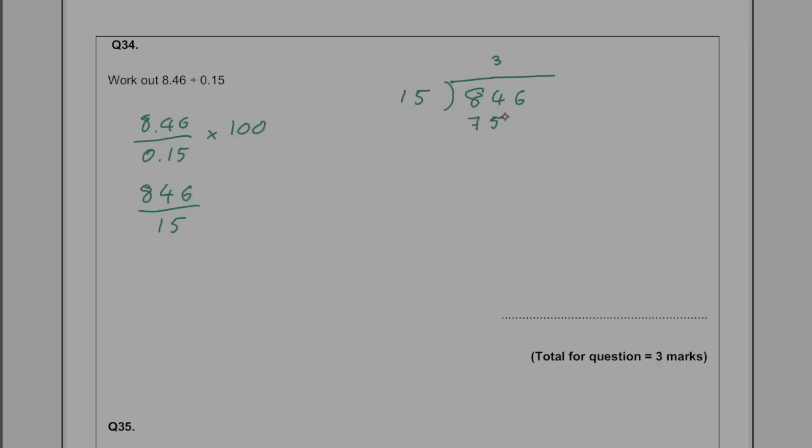If I subtract those, that's going to give me 9. So 96. 15 is going into 96 fully 6 times, with 6 left over. 15s don't go into 6. So I'm going to go 0.0.